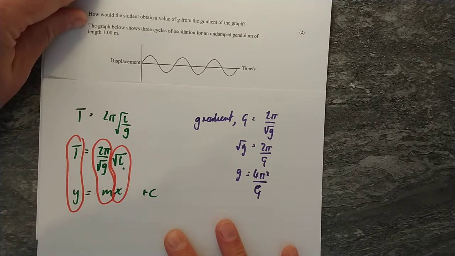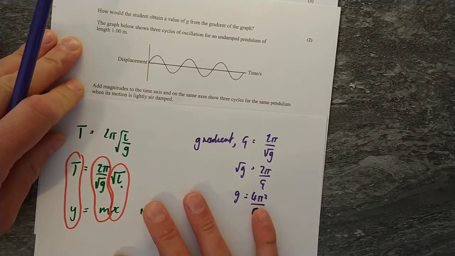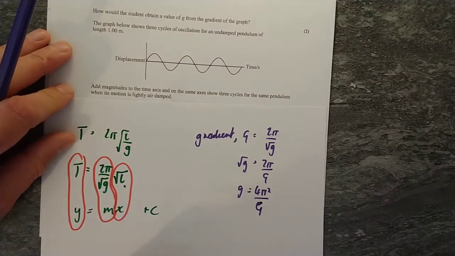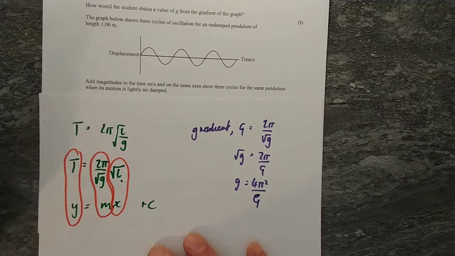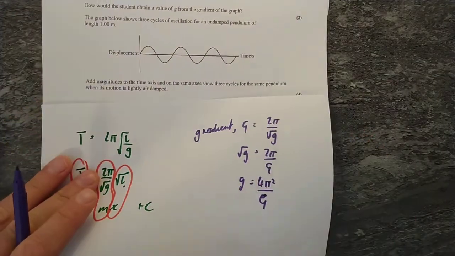The graph below shows 3 oscillations for an undamped pendulum of 1 metre. Add magnitudes to the time axis. So we need to work out what the time period for this pendulum is. So we're going to use this equation here.